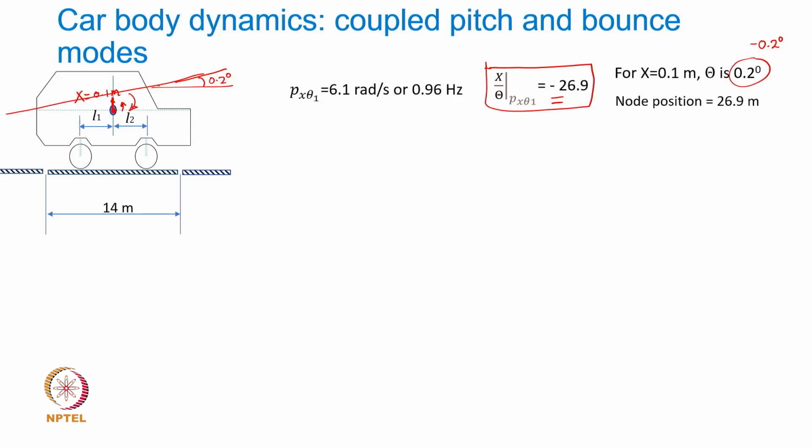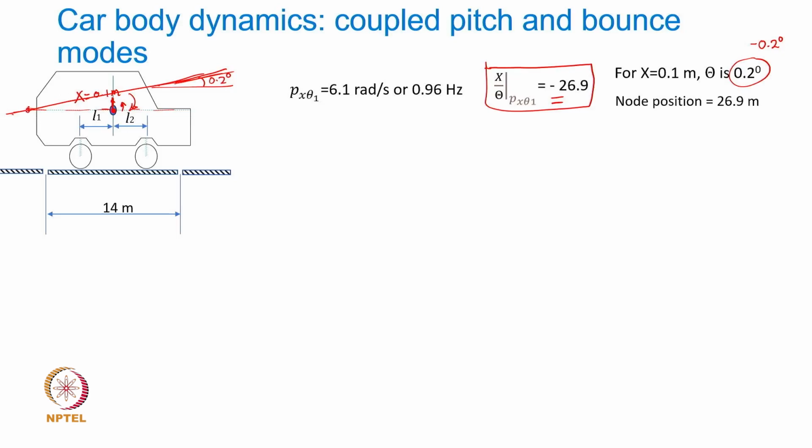If you increase the displacement, let's say to 0.2 meters, you will have the same angle. But what we should now be trying to figure out is the position where this line, which represents the orientation of the body, would meet this mean position line, the horizontal one.